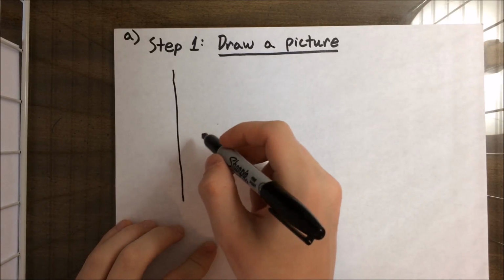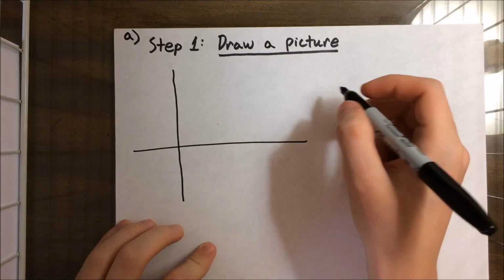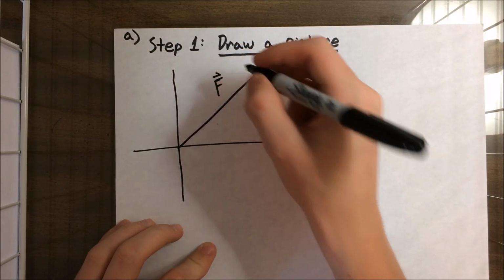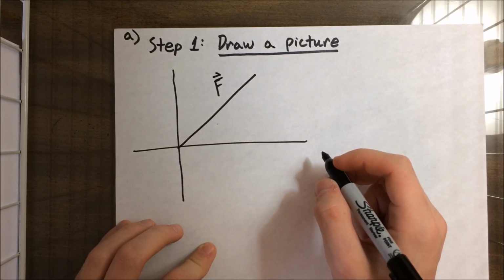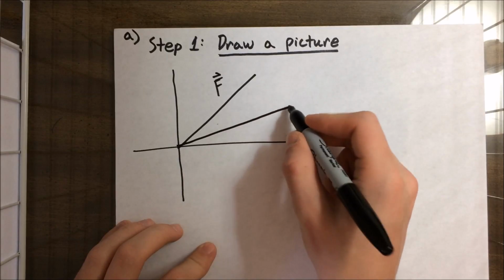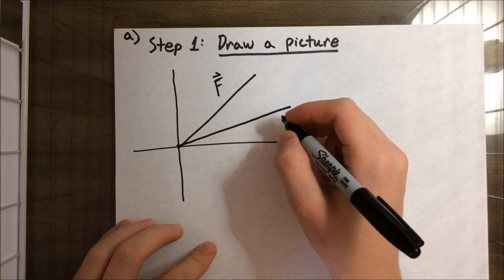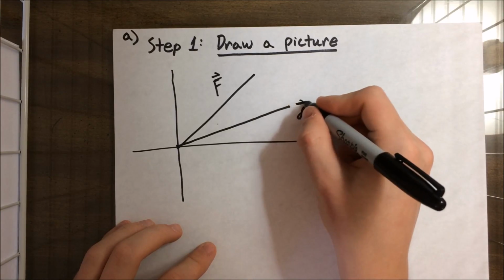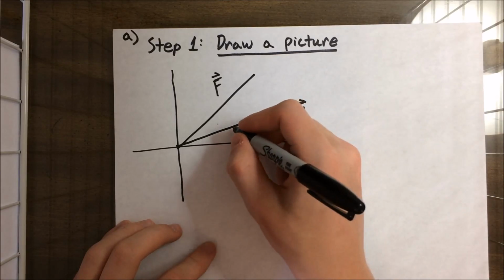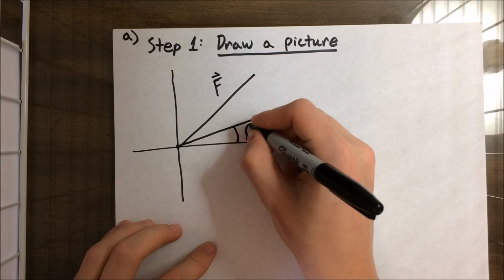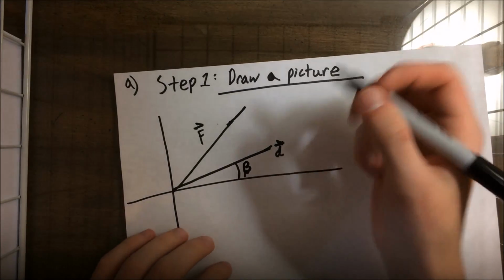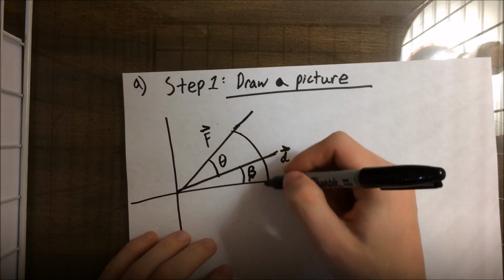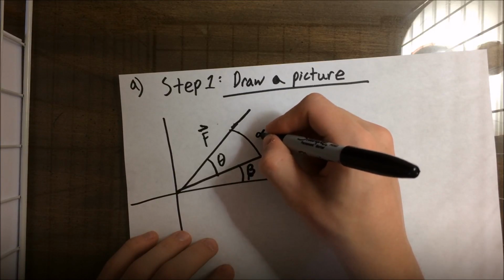So here's our coordinate plane, and let's say that is f, and let's make that d, and we're going to name this angle beta, and then this angle is going to be theta, and this whole angle right there, so both angles combined, is going to be alpha.